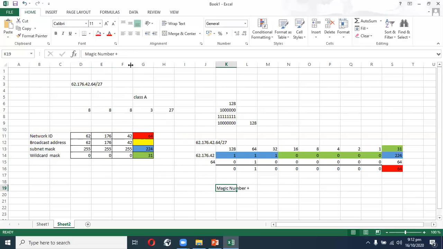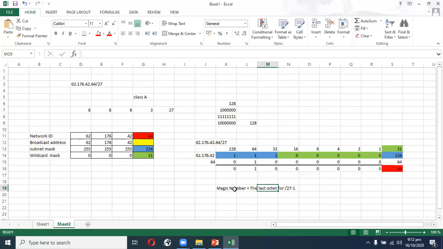So the formula is: magic number plus the last octet, for slash 27, minus 1.